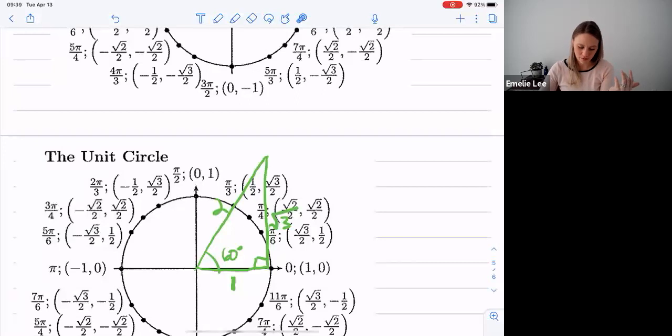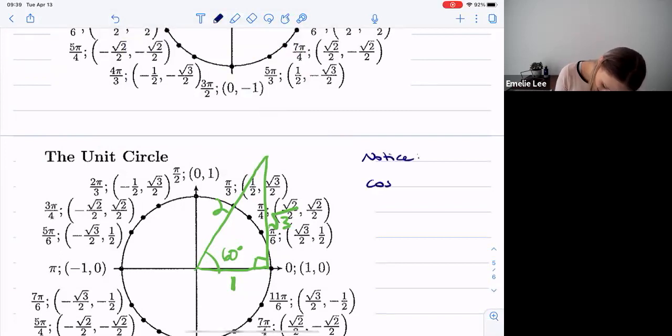What do you know? 1/2, right? So here I'll say, notice that the cosine of 60 degrees is the same as the cosine of pi over 3, which is 1 over 2.